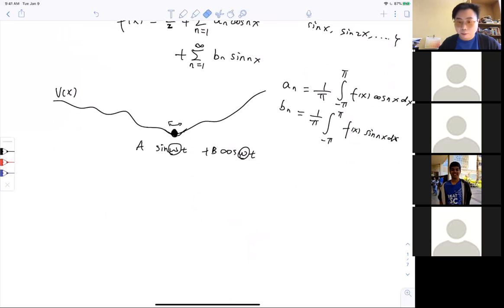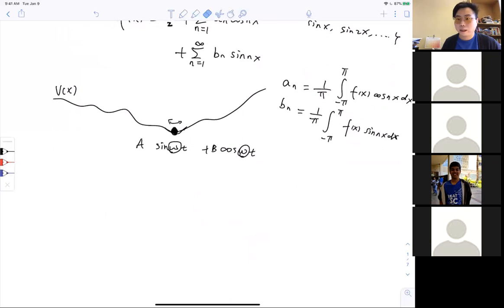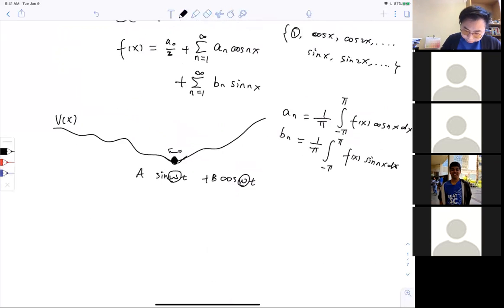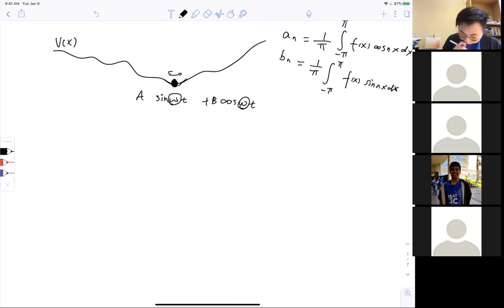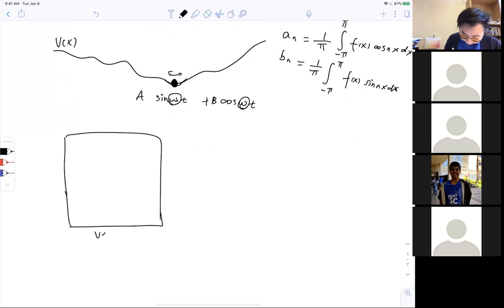Okay, so this is some basics about the Fourier series expansion. And another thing I want to say is the analogy between this expansion and vectors. So we know that for any vector, assuming this is a vector space, each element in this space is a vector.